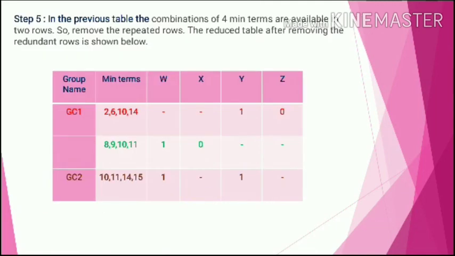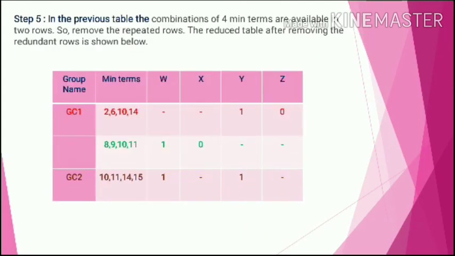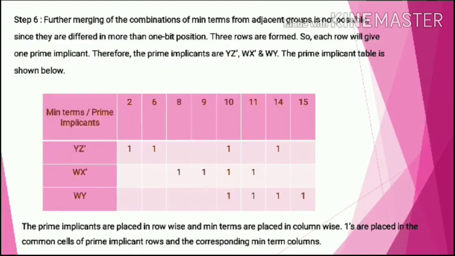Again take the second row. The prime implicant is w x dash because the value is 1, 0. See the minterms for that w x dash: 8, 9, 10, 11. So in the prime implicant table, put 1 in 8, 9, 10, 11.